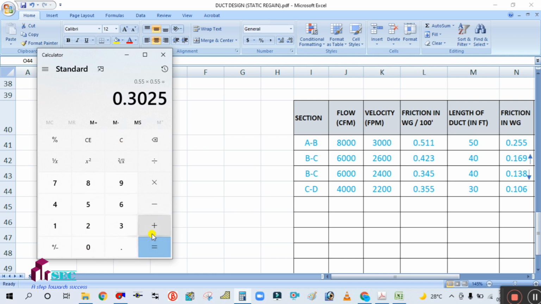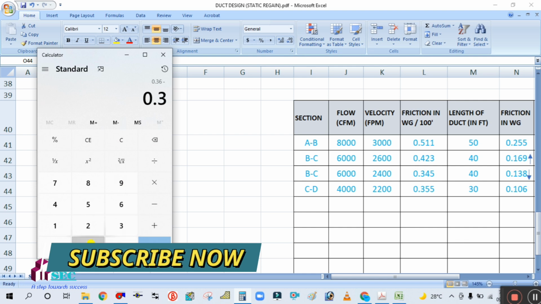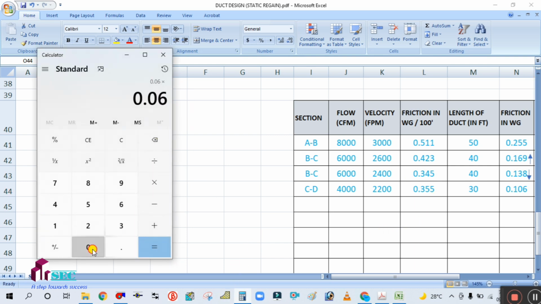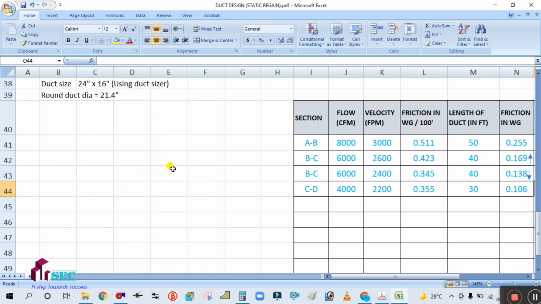Okay, so 0.36 minus 0.30. Okay, so clear this. 0.36 minus 0.30. So this is your value 0.06 and multiply into 0.9, is nothing but 0.054.